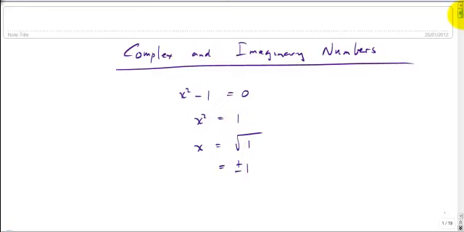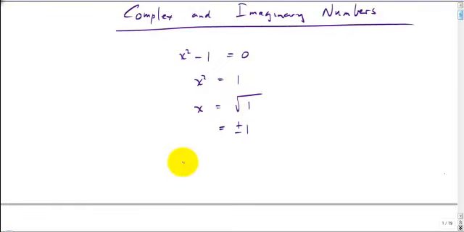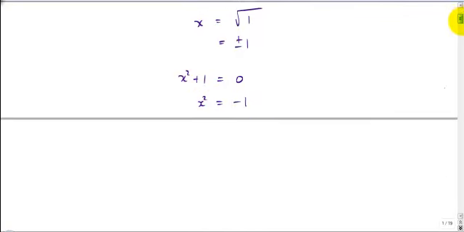Now, suppose we change that equation a little bit, and instead we have the equation x squared plus 1 is equal to 0. Therefore, now x squared is equal to minus 1, and therefore x is equal to the square root of minus 1. The problem now is, what's that equal to?